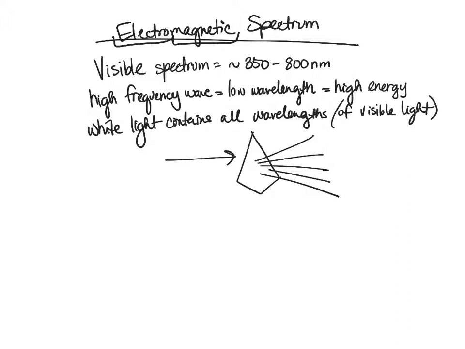So also going along with these different wavelengths, we have our red color. This is our long wavelength. So red is a long wavelength, and it has a low frequency.